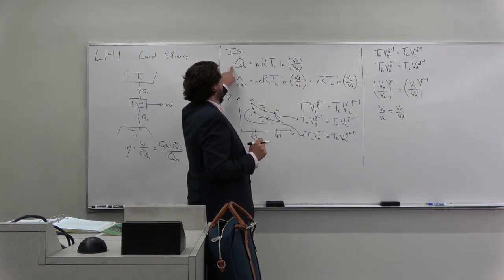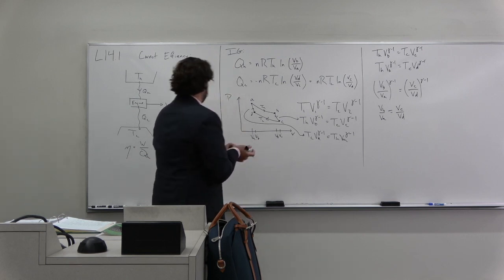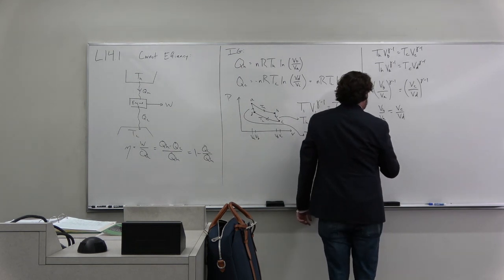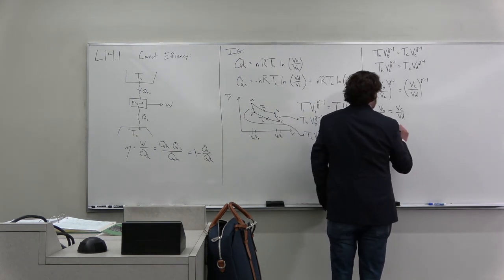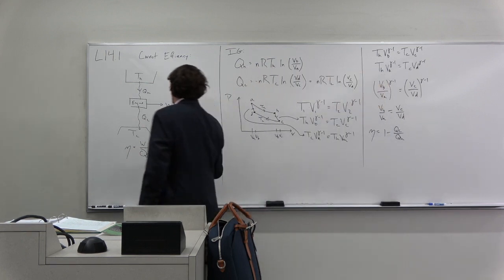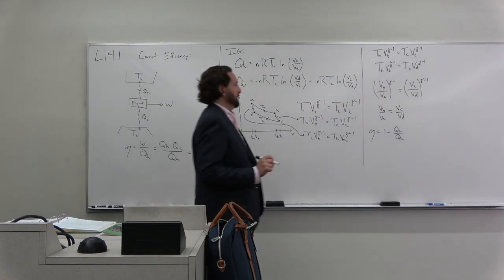So now when we look back at this, we can say that our efficiency eta was 1 minus Q_C over Q_H.